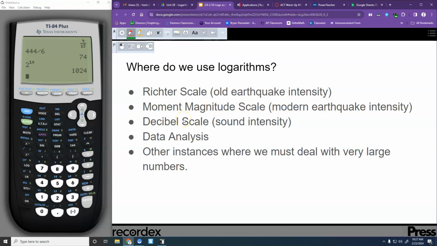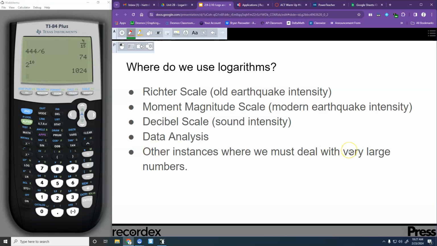The decibel scale is another one that you're going to have. So that's noise intensity. Whenever you're talking about the amount of decibels that you're experiencing, that is on a logarithmic scale. It's used a lot in data analysis when you have really large numbers.